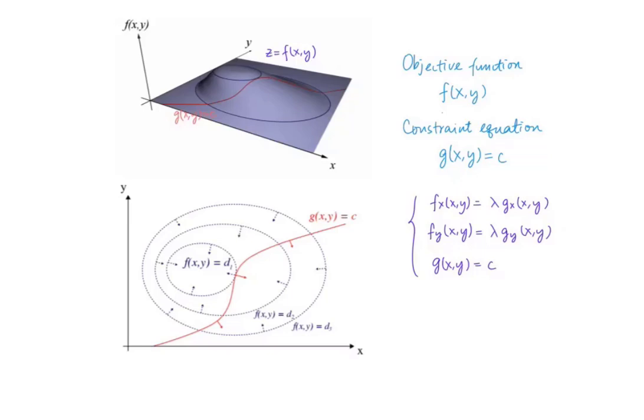For the objective function z = f(x,y), it is a three-dimensional surface. But if we consider its cross-section at a fixed level of z, it gives a curve. We can project each of these curves back to the xy plane and get different curves.